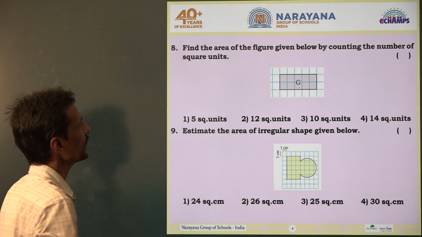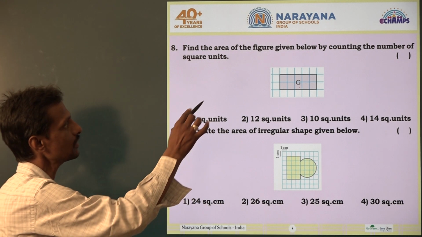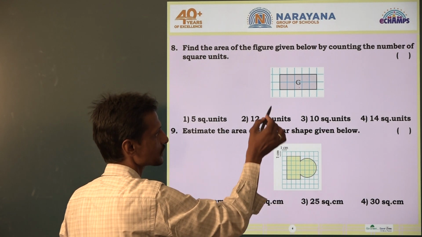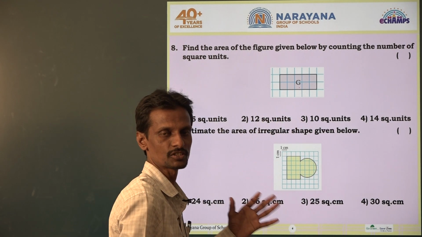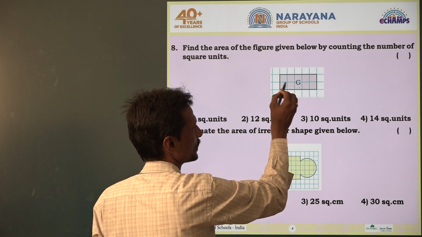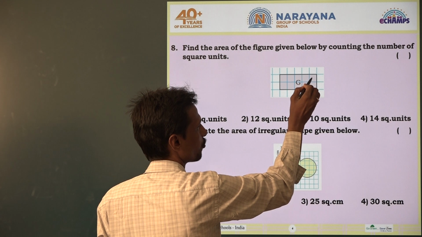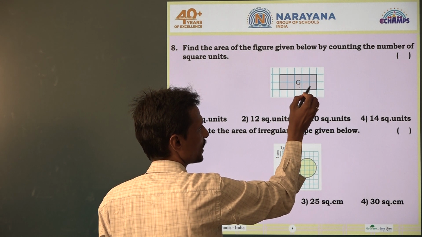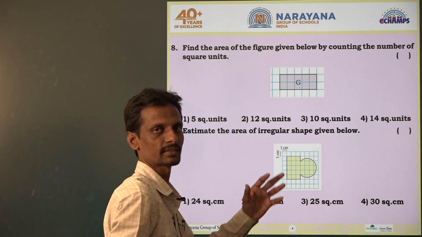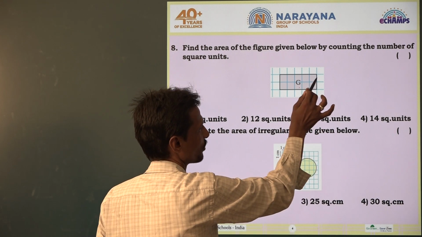Next, the eighth one. Find the area of the figure given below by counting the number of square units. So here, given the square units, one box is one square unit. Counting the boxes of small squares: 1, 2, 3, 4, 5, 6, 7, 8, 9, 10. So 10 square units. Otherwise, we have another method. It is a rectangle shape.